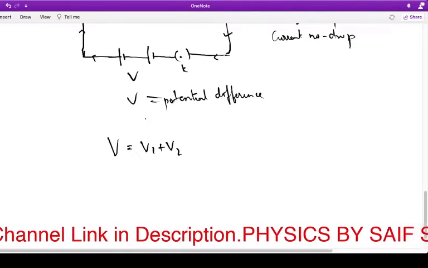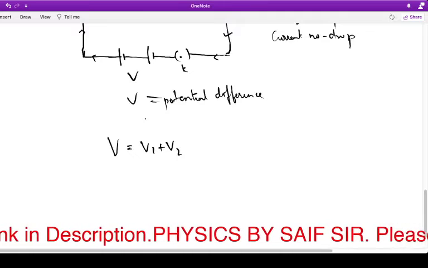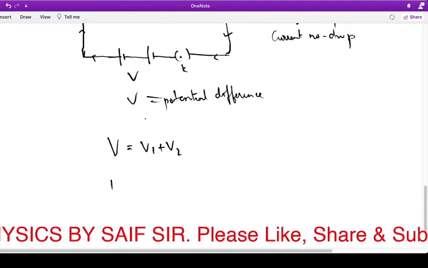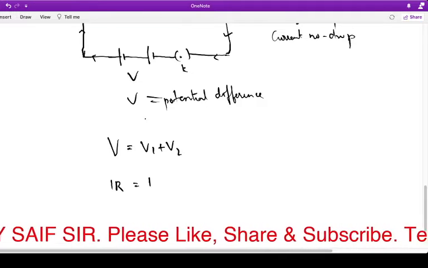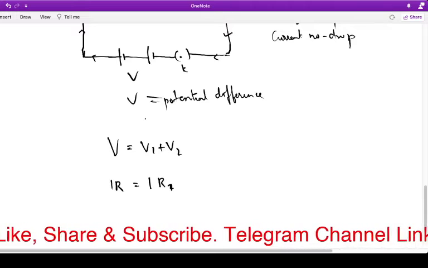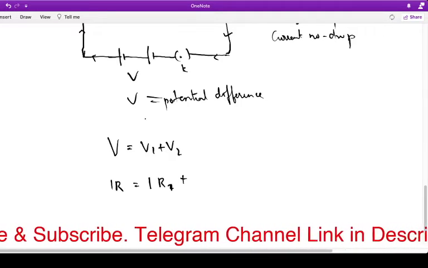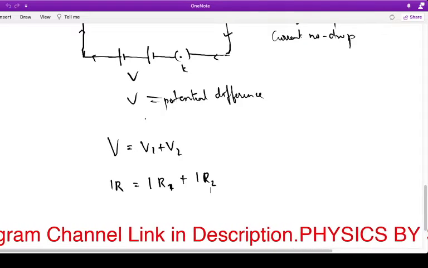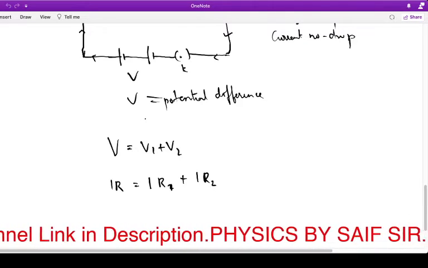Now you can elaborate. With the help of Ohm's law, V is equal to IR. So V1 is I R1, and V2 is I R2. There is no drop in current, which means the current is the same throughout the circuit.